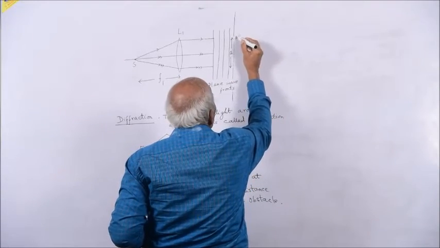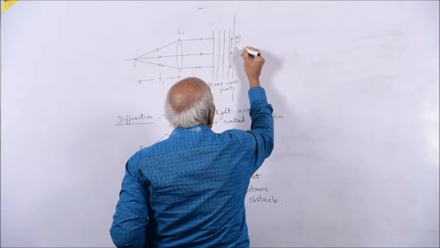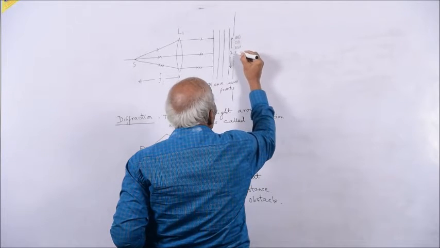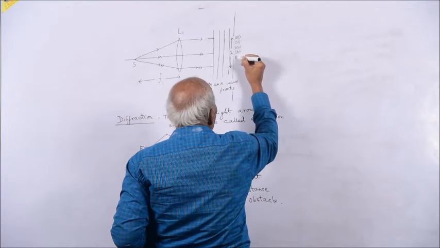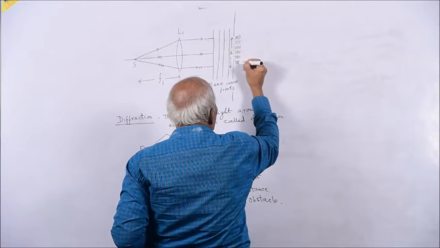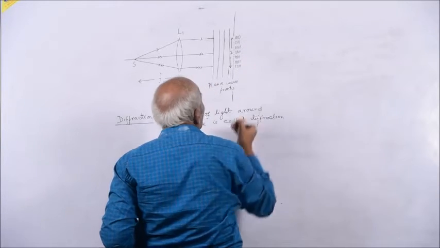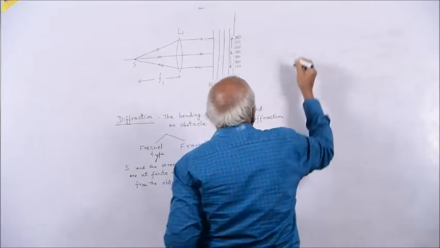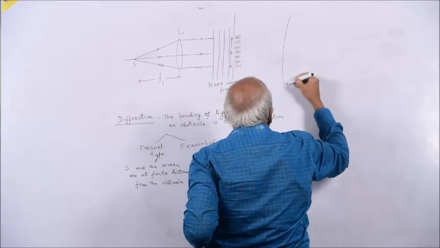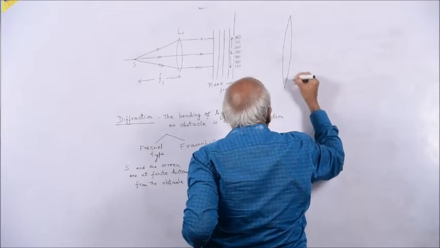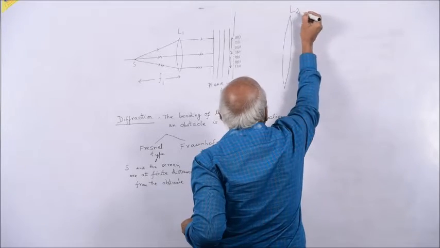Each source is producing waves which expand with time in all directions. So, you take another convex lens L2.